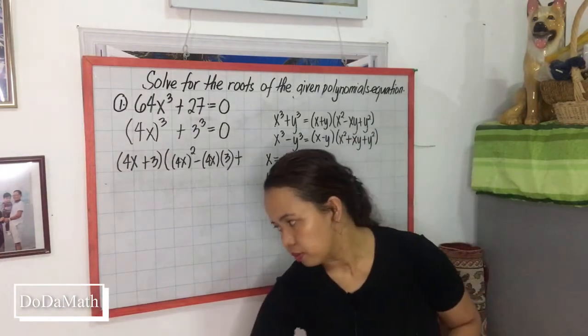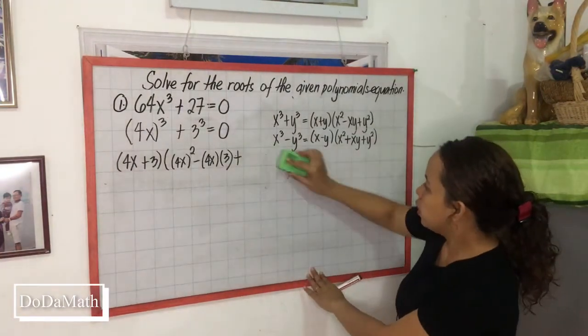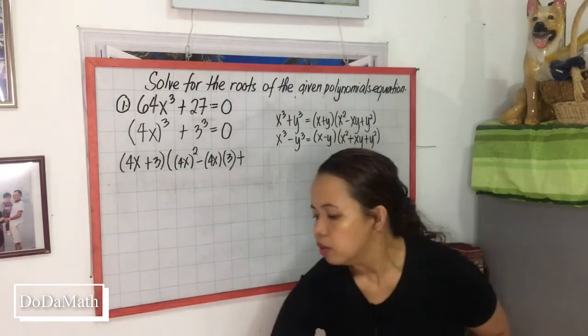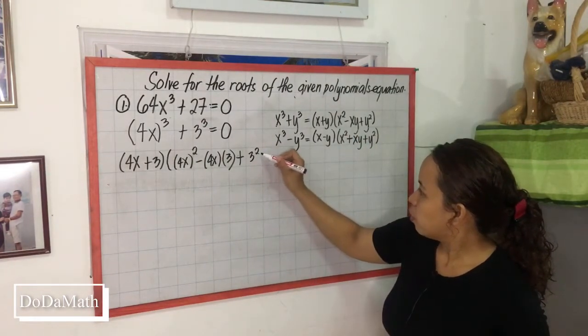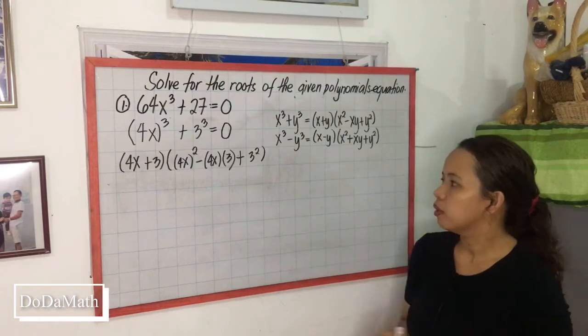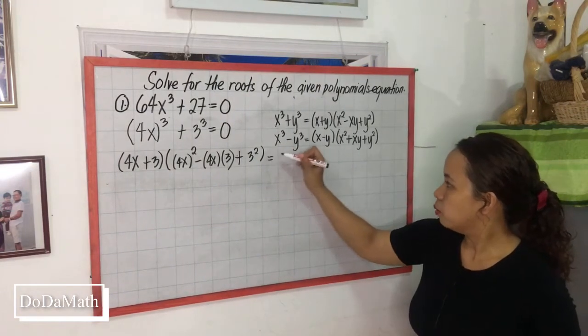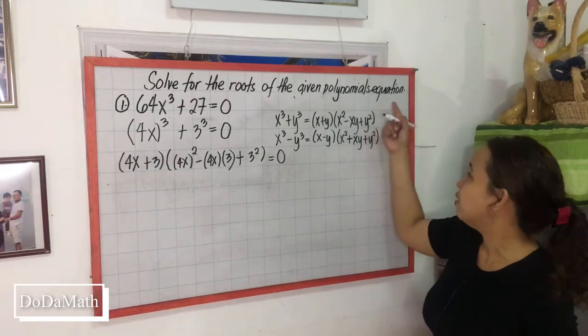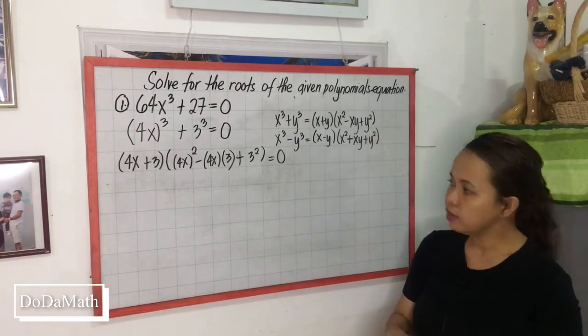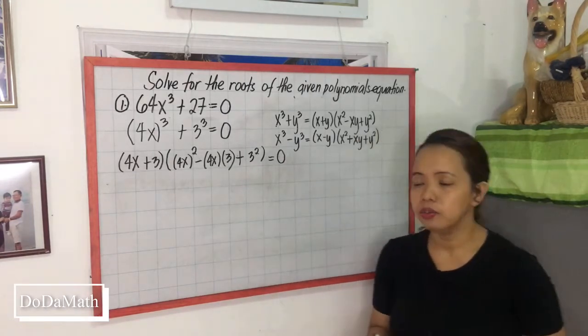So y squared is 3. Y is equal to 3, so that will be 3 to the power of 2. And then close bracket is equal to 0. Do not forget to write equals to 0 because that is an equation. That makes the expression an equation equal to 0.